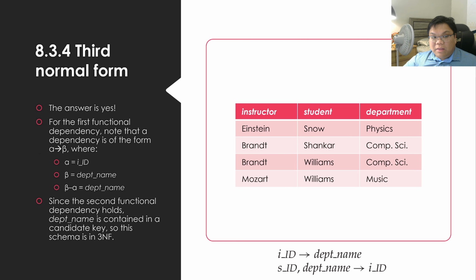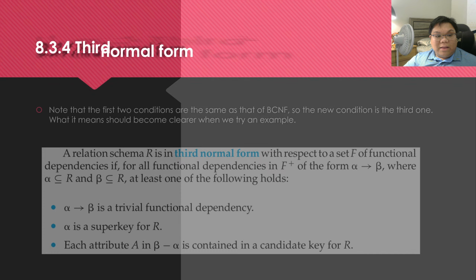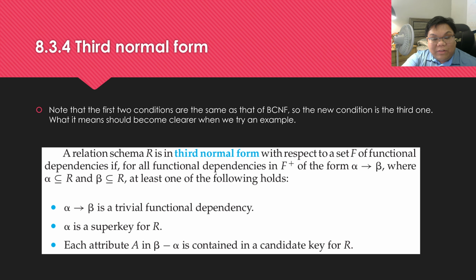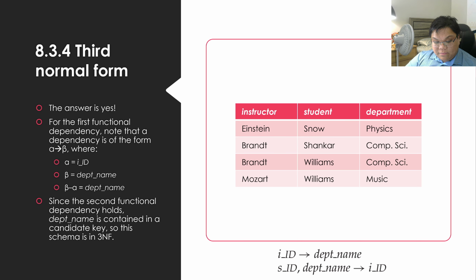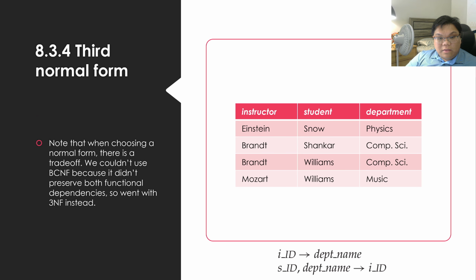So that third requirement said, and we only need one of these to hold, that new requirement is each attribute A in beta minus alpha is contained in a candidate key for R. So, instructor ID determines department name.